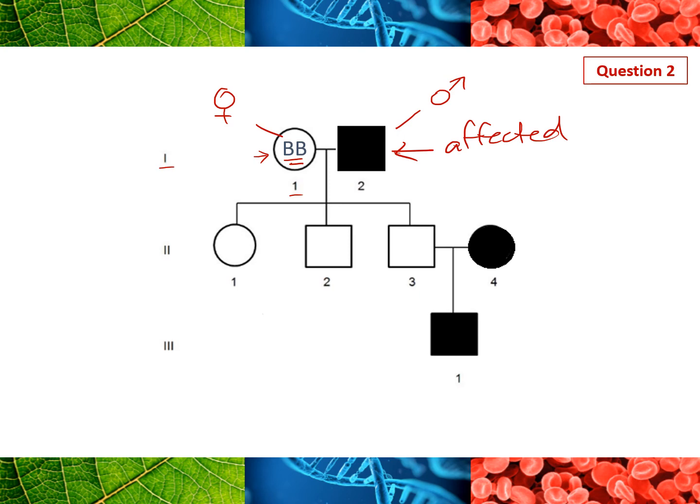Now, because we now know that not having the trait is dominant, we know that this individual has to be homozygous recessive. Okay, if we know both of these genotypes, we could actually figure out what the genotypes of these individuals are as well. Remember, both of these have the trait, so we also know what their genotype is.